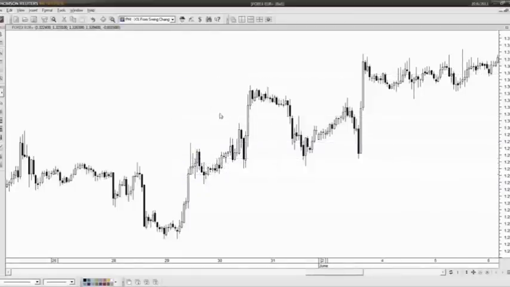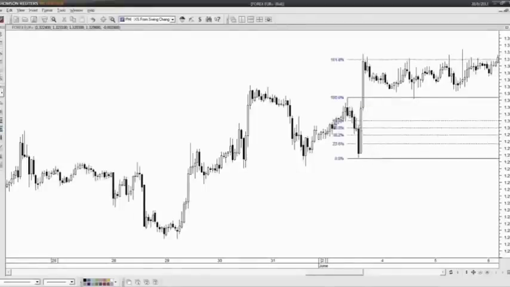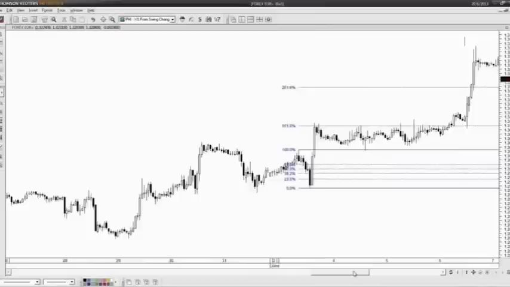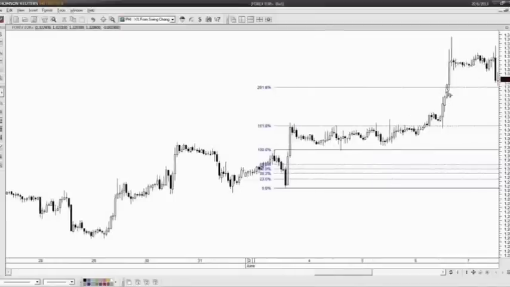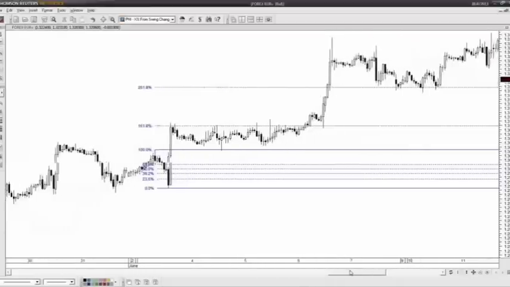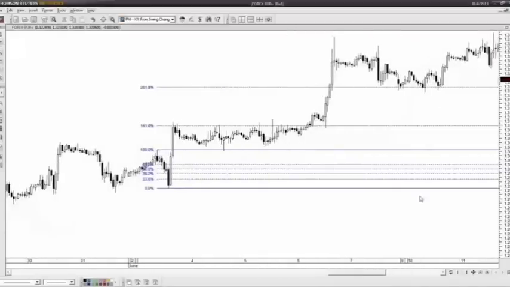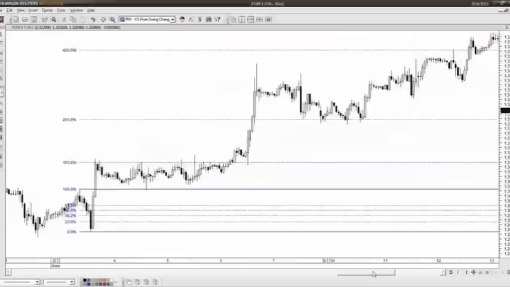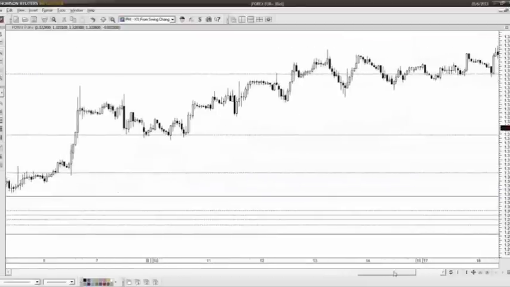Yes, okay, so again here you notice another swing in the market, and you see how once it reached the 161, the market stopped for a while, then it reached the 261. Yes, okay, and then what's happening here? It became a range again, and this is actually the problem with the lower time frames, right?